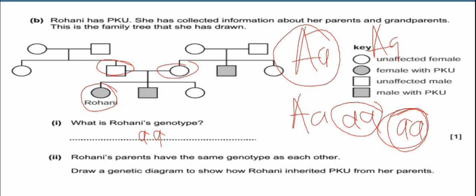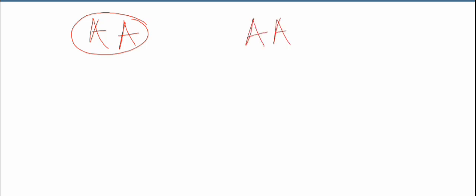Now, since they are not affected by PKU, how can these two have the daughter cells or the offspring who are going to be affected by PKU? So let's just do a survey here. If we say we have another A, which is homozygous dominant, then another one, which is this one here. If we cross them, are we going to have offspring who are going to have PKU? We are not going to have any.